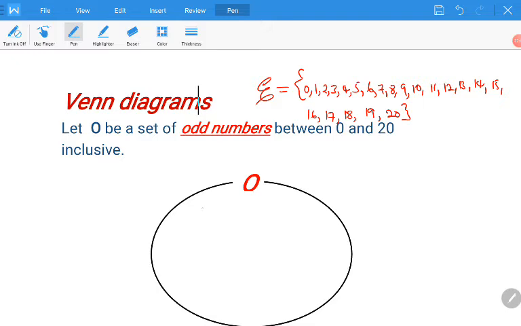So these numbers are 1, 3, 5, 7, 9, 11, 13, 15, 17, and 19. So they are supposed to be 10. 1, 2, 3, 4, 5, 6, 7, 8, 9, 10.